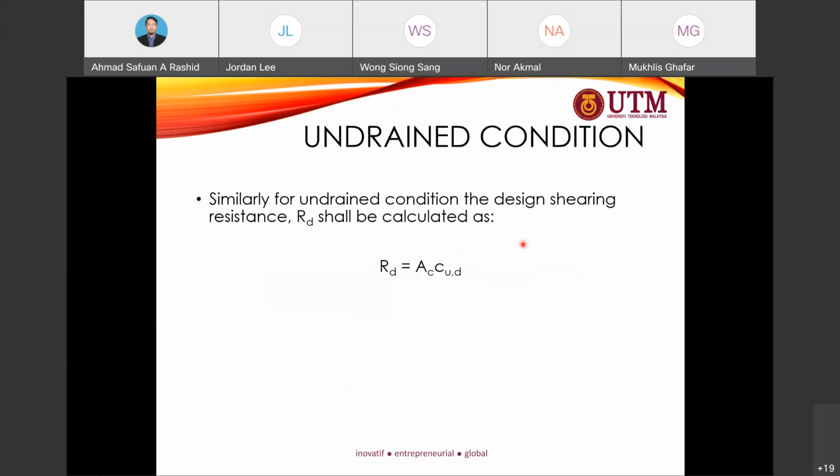And for the undrained condition, we may use this equation. However, I will not discuss sliding resistance in our example.